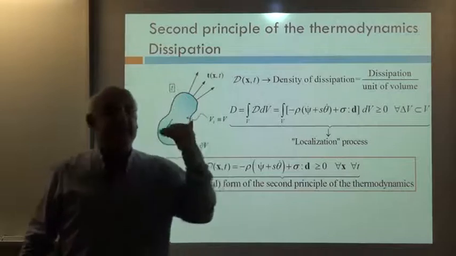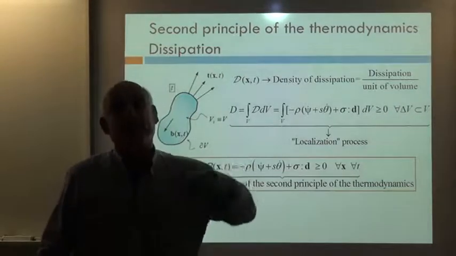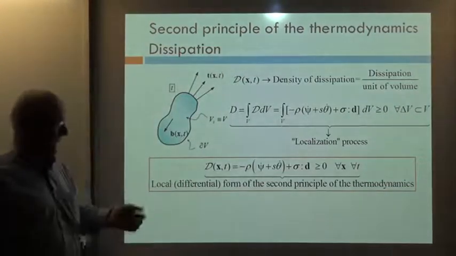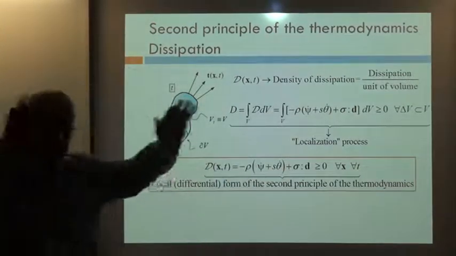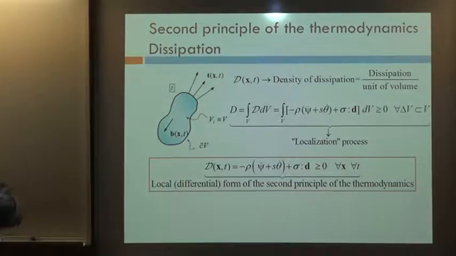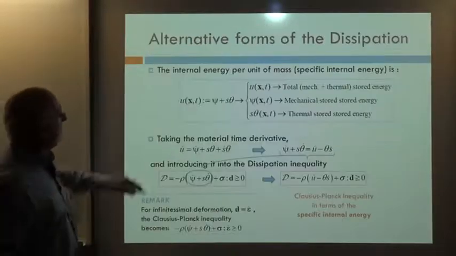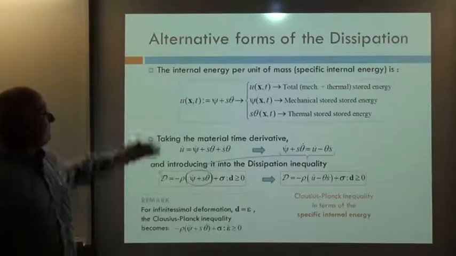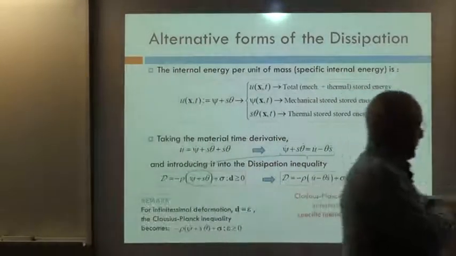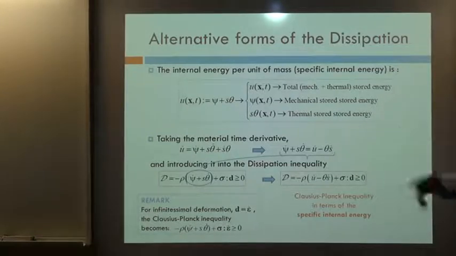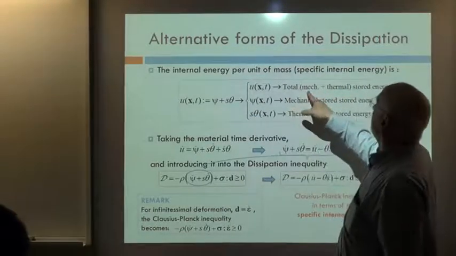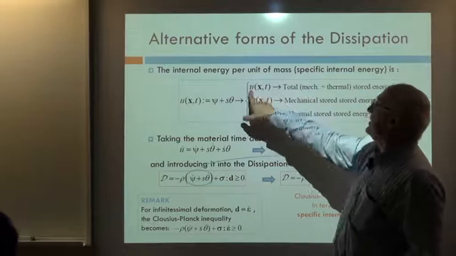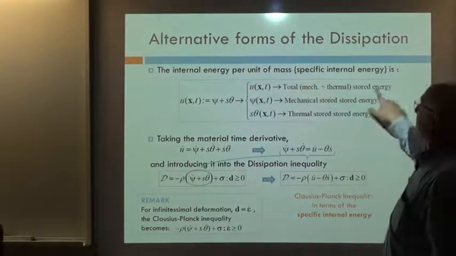It discriminates what is feasible from what is unfeasible. And we are going to use that crucially in our thermodynamic framework for derivation of constitutive modeling. So this is the starting point. Then, just to finish, there is some manipulation of these equations. For instance, normally we define something that is the internal energy or the total stored energy.